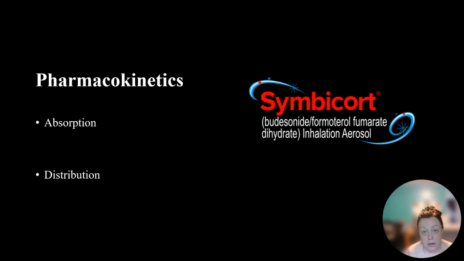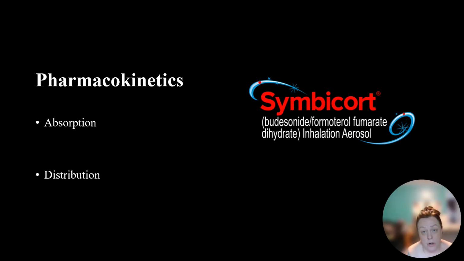The formoterol, or the LABA, is rapidly absorbed within 5 to 10 minutes. As with many drug products of oral inhalation, it is likely that most of the formoterol is swallowed, and then absorbed from the GI tract.